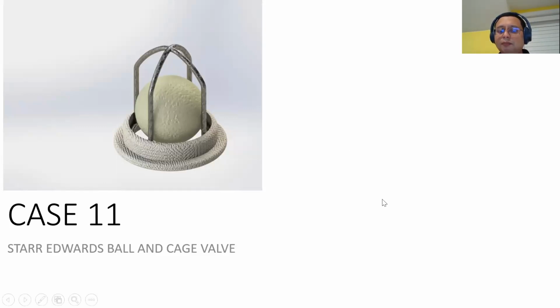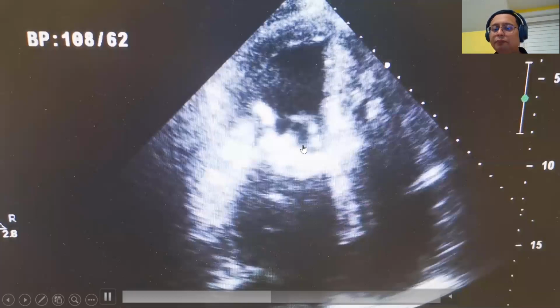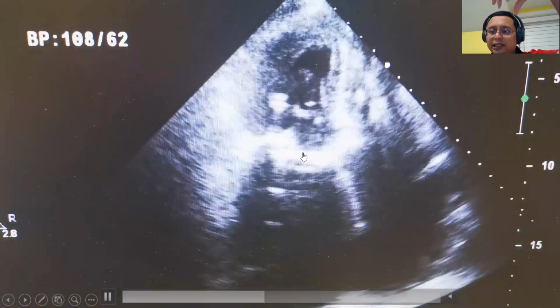The second case is a ball and cage valve. We no longer put in ball and cage valves nowadays. However, we will still see them. Why? Because a ball and cage valve is very durable, it lasts a long time. When you see the ball moving towards the apex, that is its opening.